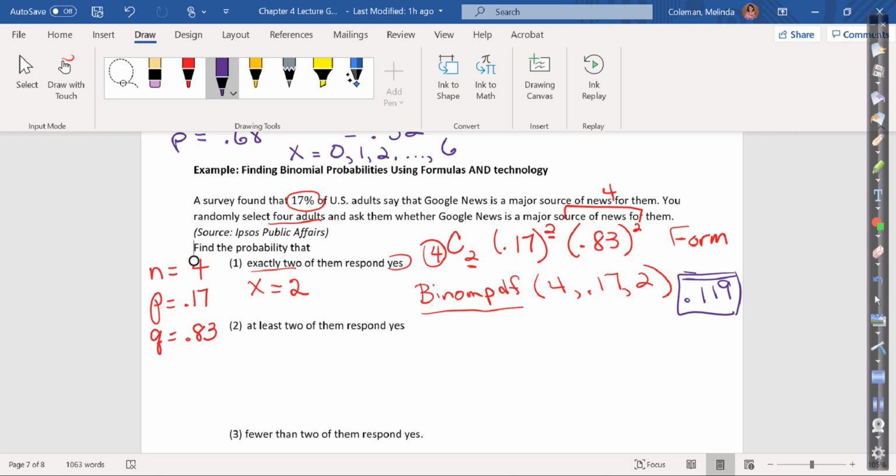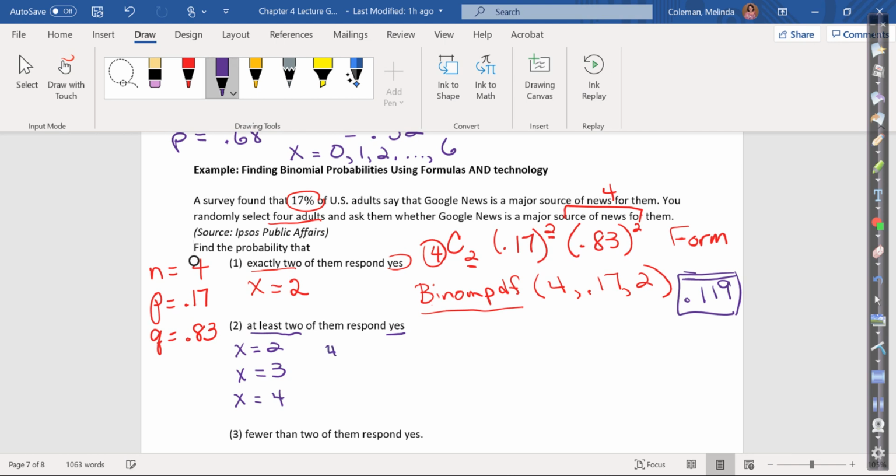Then you're going to start seeing problems like this that says at least 2 responded yes. So that means that x is going to equal 2, x could be 3, or x could be 4. So now you're going to have to find this process for each one of these.